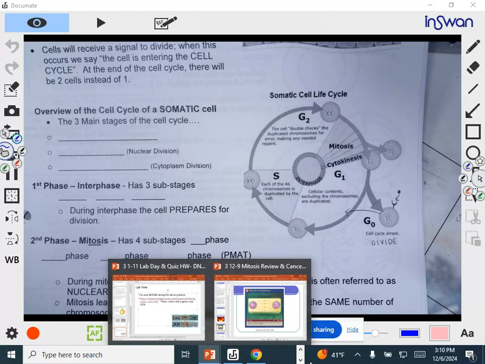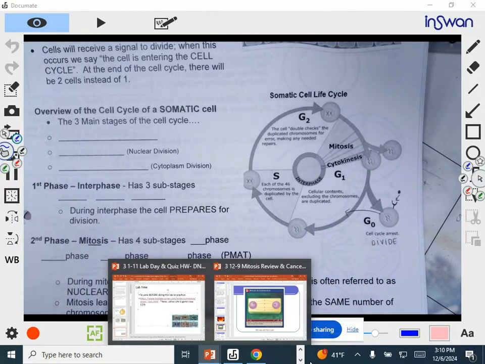All those stages are part of a bigger stage, which is your childhood, right? And then after you're a child, you become an adult. And so you just go through different stages of your life. So when the cell gets a signal to divide, we say that the cell is going to enter the cell cycle. Now, you can see there's different phases that are going to happen throughout the cell cycle.